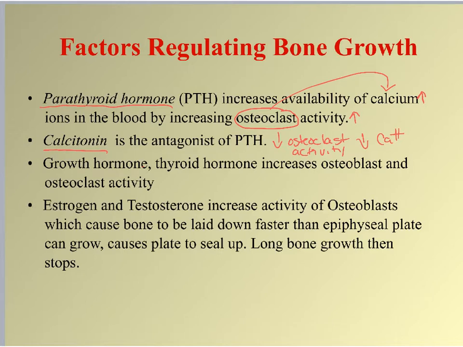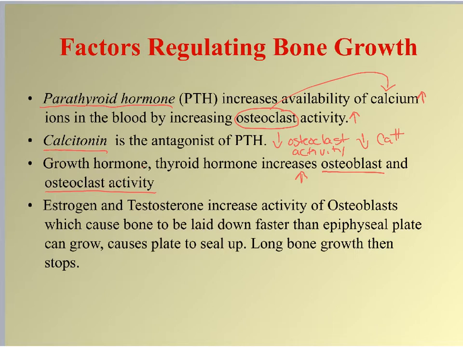Growth hormone and thyroid hormone both have an effect on osteoblast activity, so they increase osteoblast activity. And remember, osteoblasts are the cells that lay down osteoid, the ground substance and the fibers. And growth hormone also increases osteoclast activity.